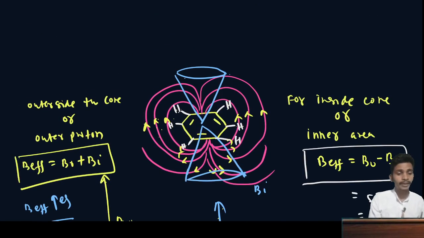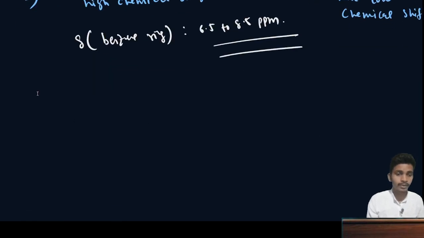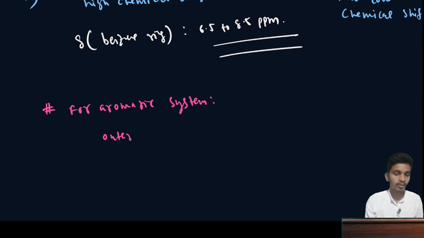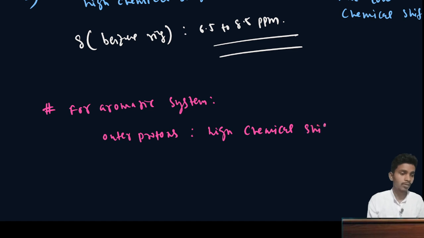Next we look at anti-aromatic systems. So here what we see is that for aromatic systems, outer protons, which are outside the cones, have high chemical shift, and inner protons have low chemical shift.